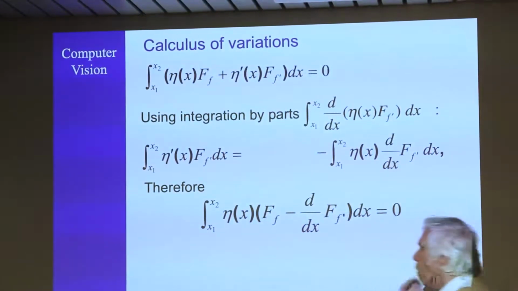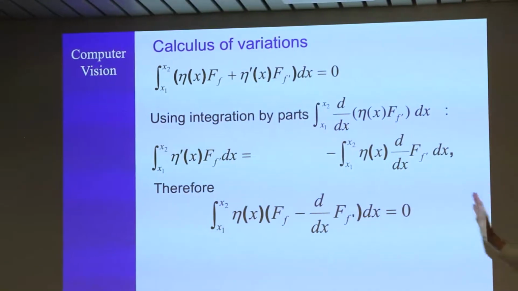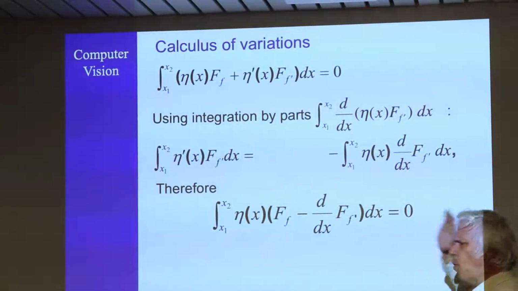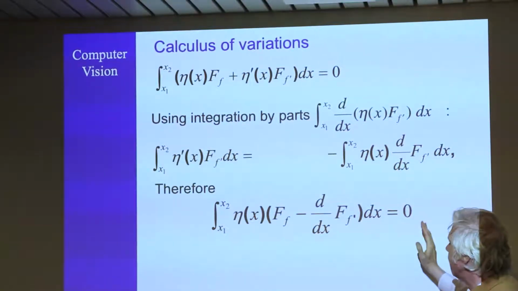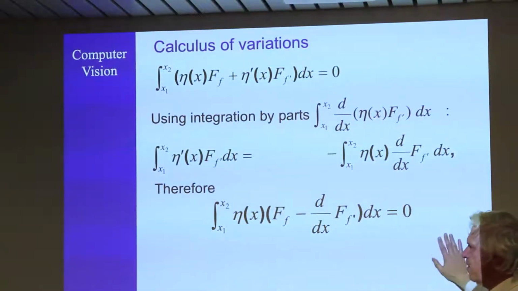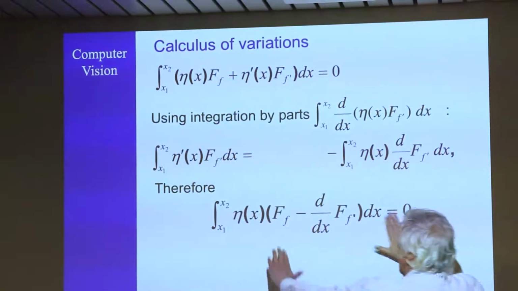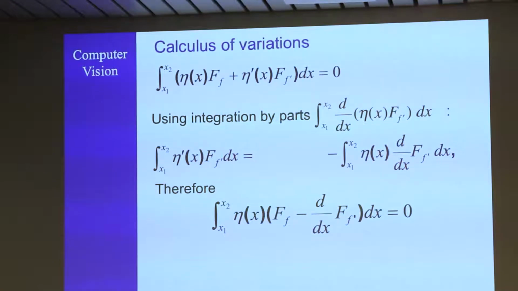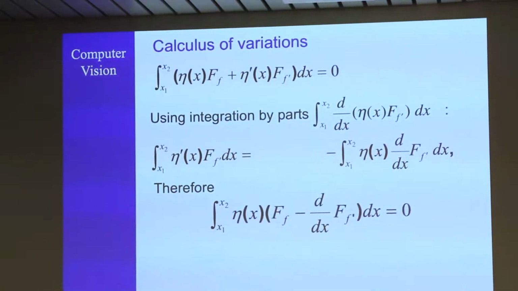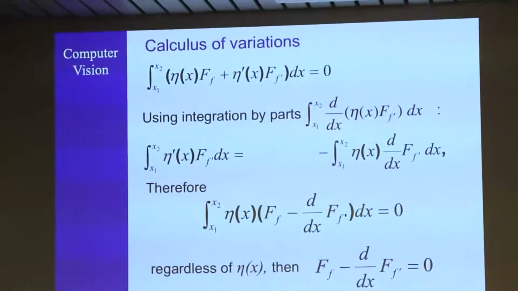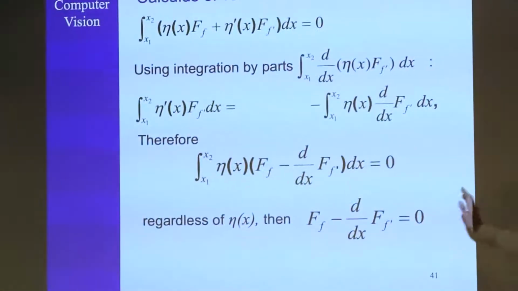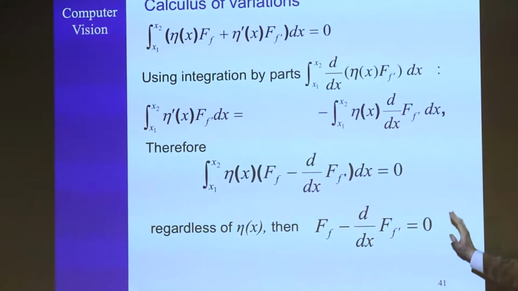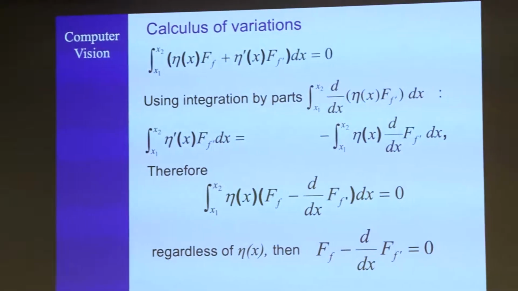Mathematically, you can prove this can only be always vanishing if the part of the integral multiplying eta has to vanish itself, whatever acceptable eta you choose. So, this is in fact the Euler-Lagrange equation. Okay?